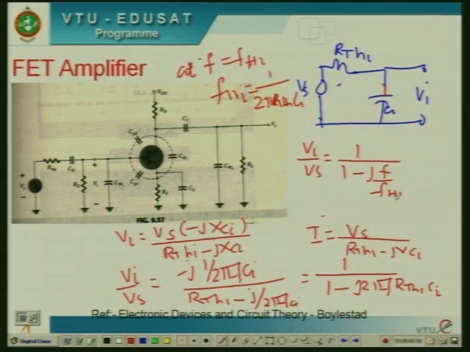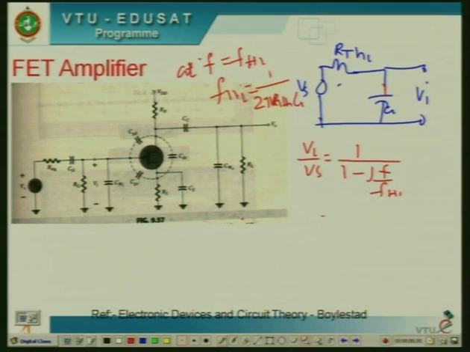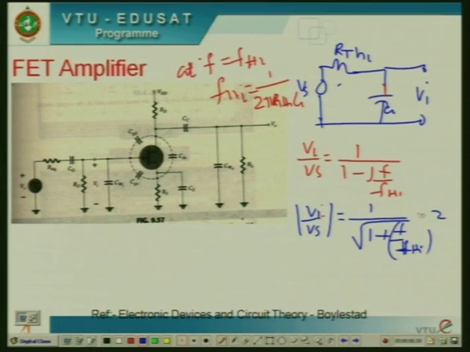It is complex in nature, so we need to determine the magnitude and phase. The magnitude of the network is given by Vi by Vs magnitude equal to 1 divided by square root of 1 plus f by fHI whole square, and the phase is tan inverse of f by fHI. You are interested only in the magnitude of the amplifier, therefore the magnitude is given by this.